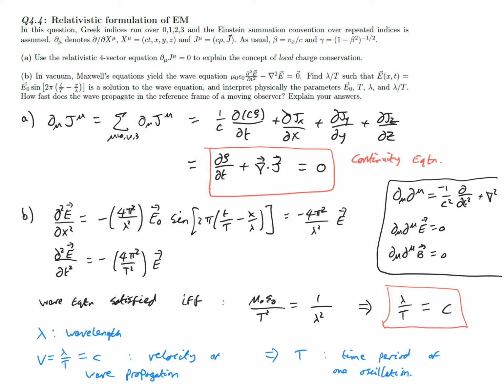So in the vacuum, running even more out of space, in the vacuum, I can write this in terms of the 4 potential in this way. And that is a 4-vector equation valid in all reference frames, and that's basically containing this same information about electromagnetic wave propagation in the vacuum.